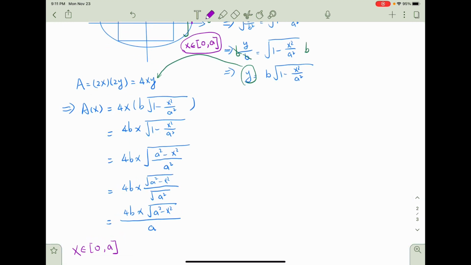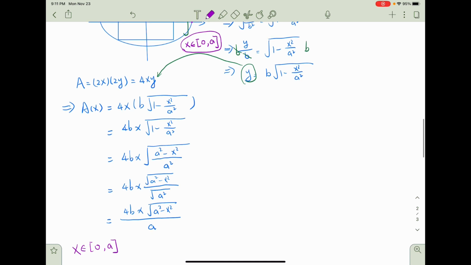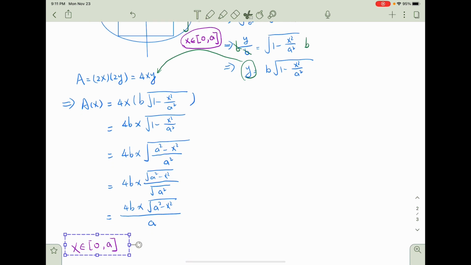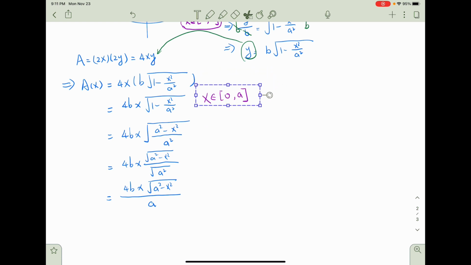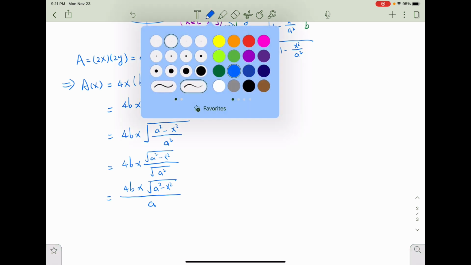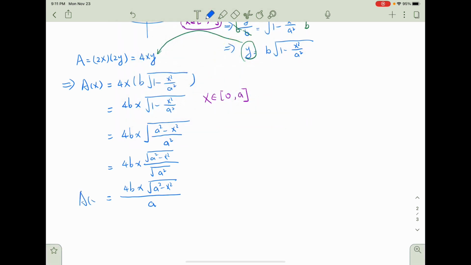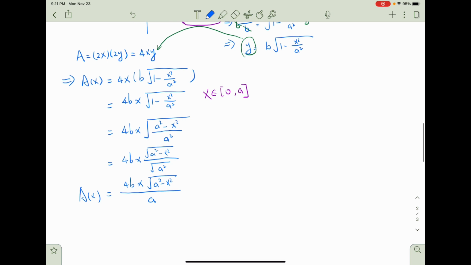Okay, so assume that x is in this interval, that is our domain, right? And after this, we're going to take the derivative of this function and find out the critical numbers. So we know the max is obtained either on the endpoints or on the critical numbers, right?